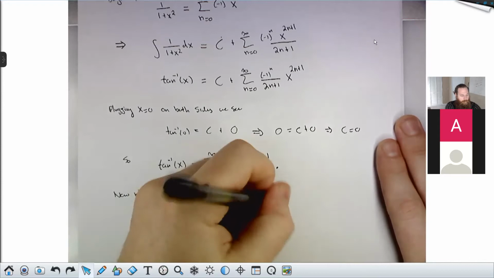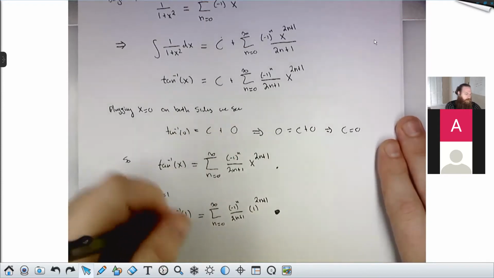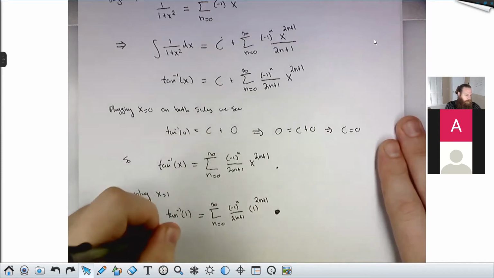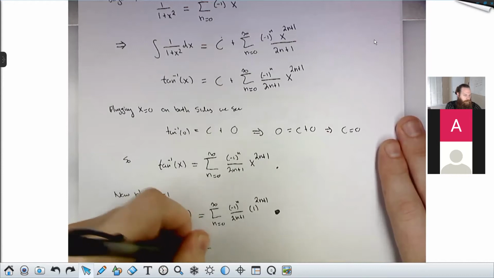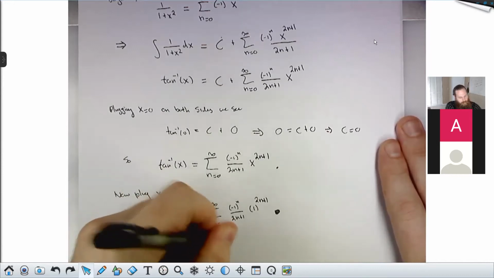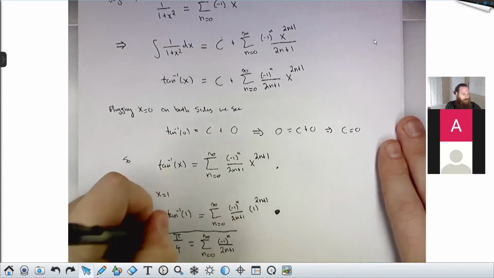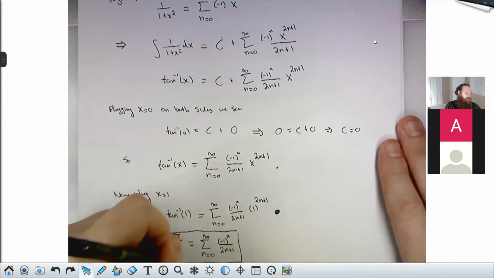But arctan of 1 is pi over 4, and because 1 to the 2n plus 1 is just 1, you get sigma n from 0 to infinity, -1 to the n over 2n plus 1, which is what I claimed.